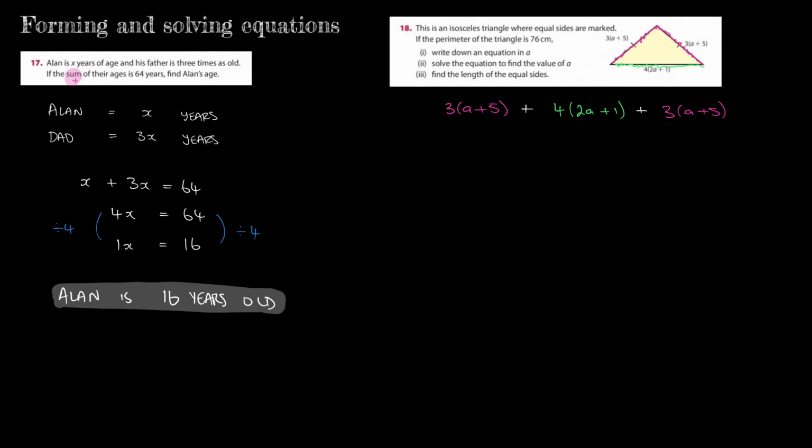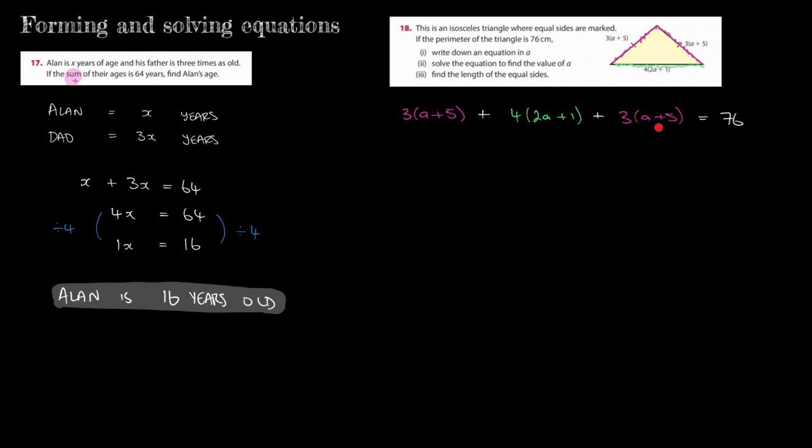And we're going to leave all of that equal to the perimeter, which is 76 centimeters. So this side plus this side plus this side is equal to the full length, 76 centimeters.